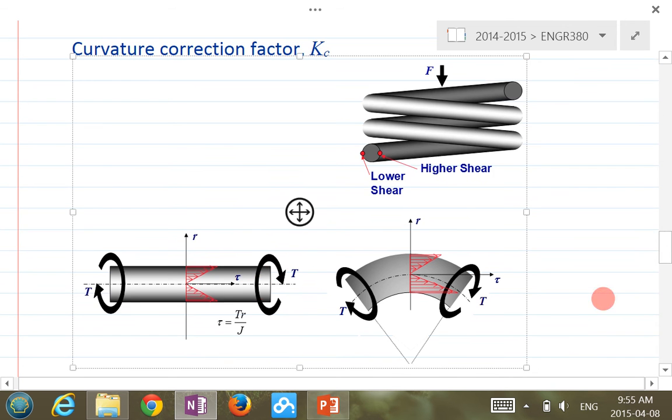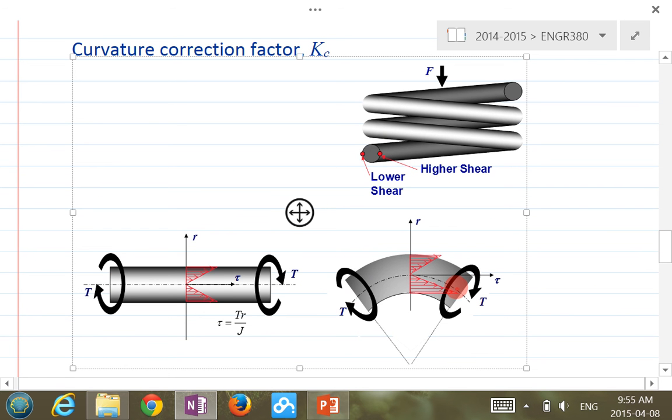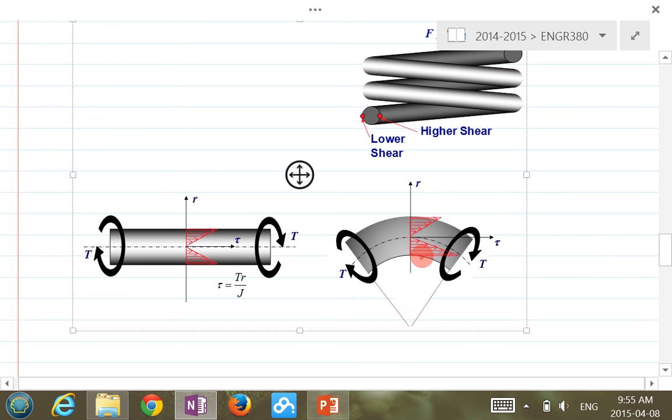But the spring is not a straight bar; it's actually a curved object. For a curved object under torsion, experiments show that the shear stress is actually larger at the inner curve than at the outside. So basically, there should be a compensation here in terms of the theoretical value.